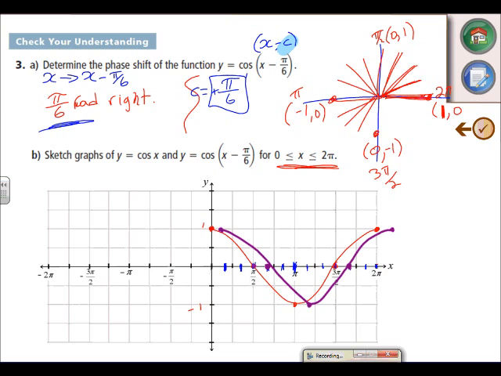The problem is that it said that we were only going up to 2 pi. So really, this part, I don't get to graph. And then I got to add in the extra part that's going to start coming back down over here.